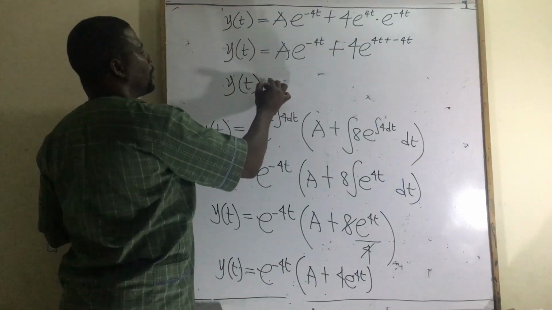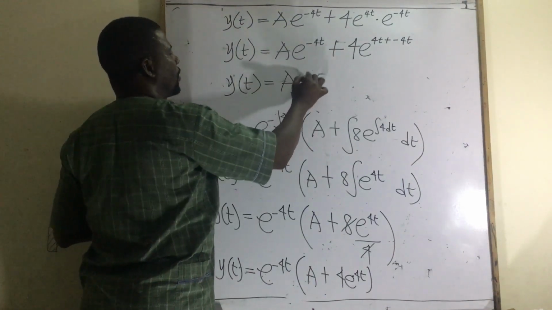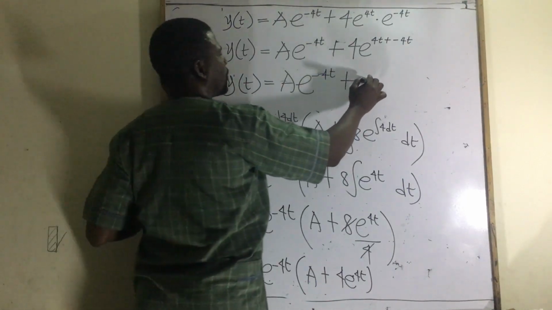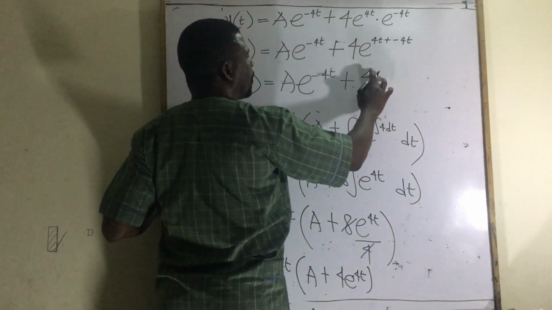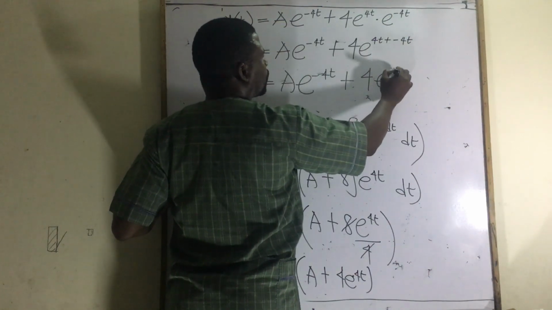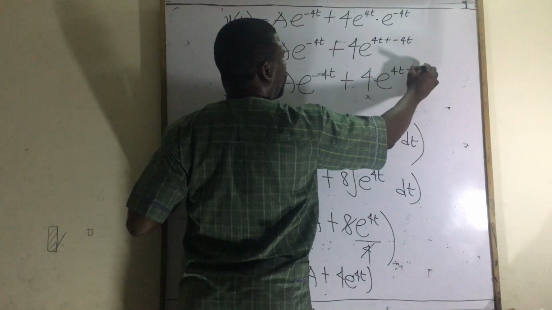So our y(t) becomes a e^-4t plus 4 e, plus times minus is minus, so 4t minus 4t.